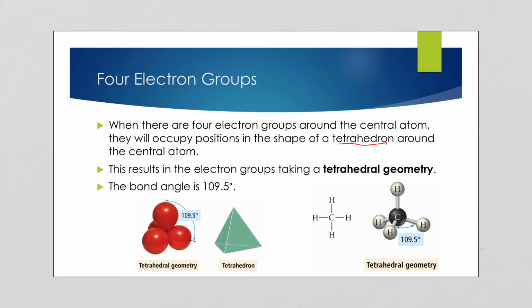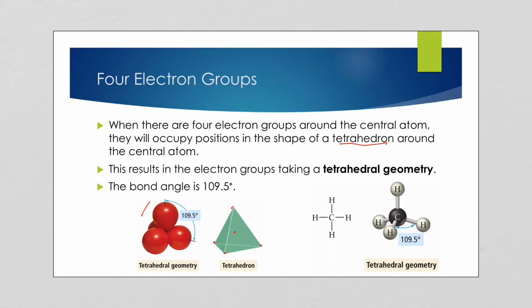And when you have 4 things equally arranged around a central atom, they are going to occupy the corners of a tetrahedron. You can think of this as the balloon structure, where the central atom is there in the middle. You could think about this geometric structure where the central atom would be located in the middle of this, and we can think about the four corners here being our things that are bonded.